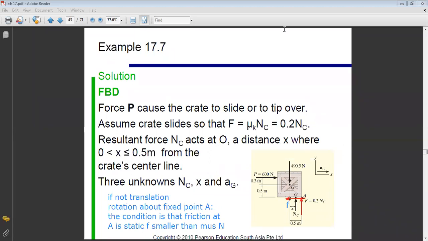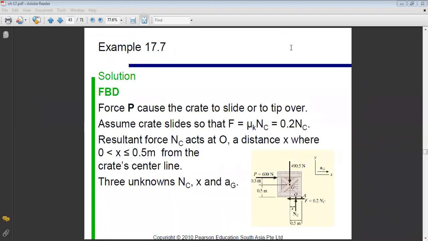So in case I verified that it's not translation, and I verified that it's not pure rotation about A, then my final case, which of course will be the true case, will be general plane motion. This means that I have rotation plus translation at the same time.